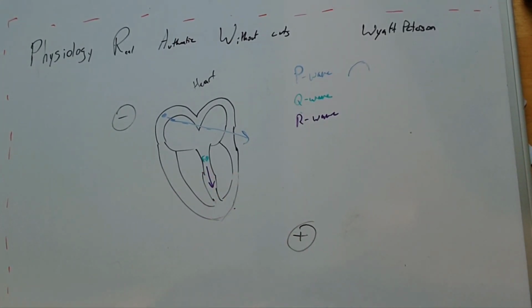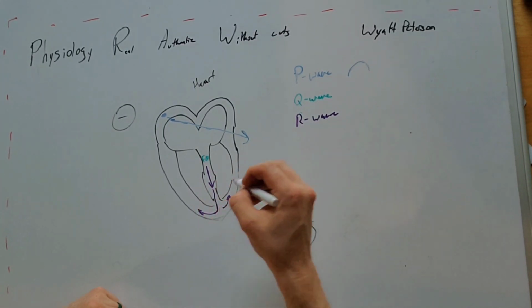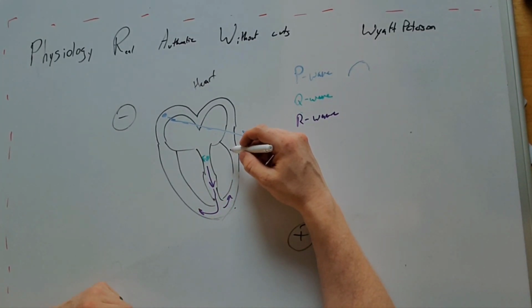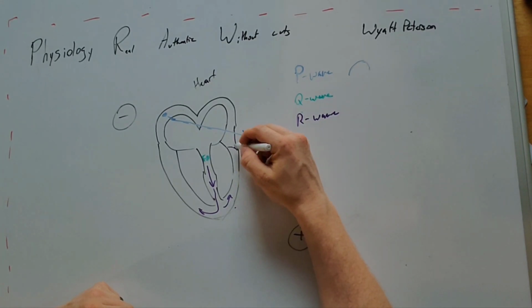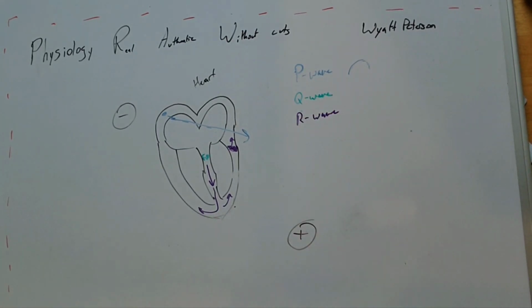And then we have the S. So this is going to propagate all this way, and then up that way, and the last place to get depolarized is this section right over here, which is going up now.